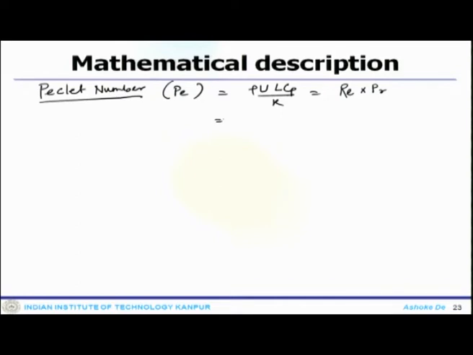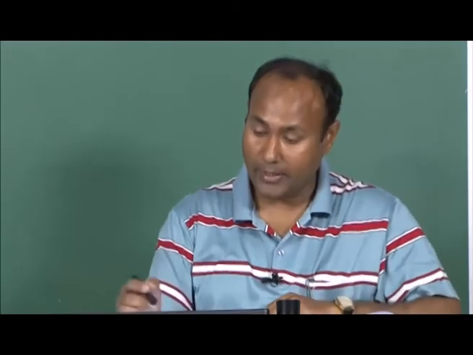So, it is a ratio of advective transport rate to its diffusive transport rate. This would be a very important number when we will be doing the finite volume discretizations, and over a cell we will look at what the conditions on the Peclet number are.